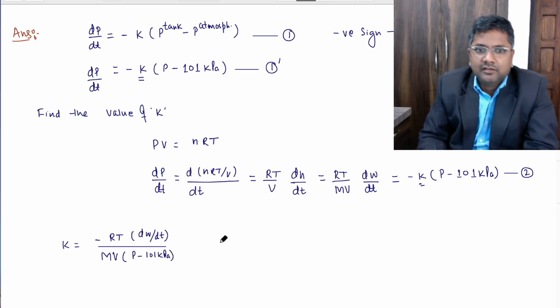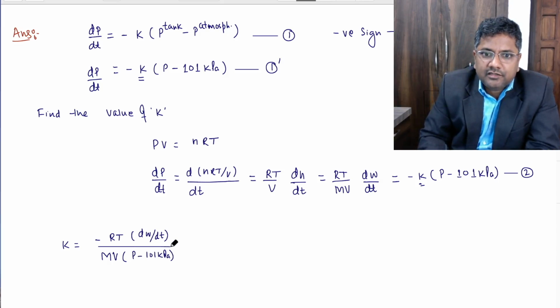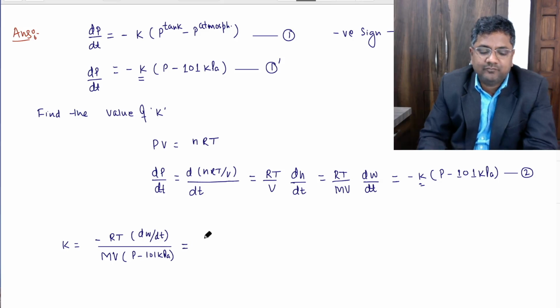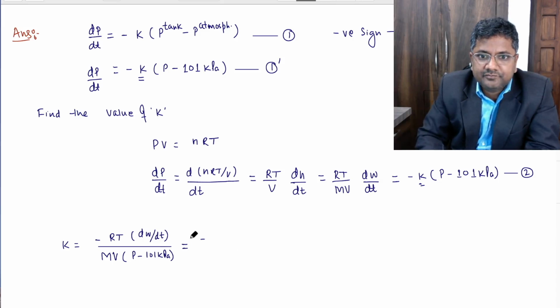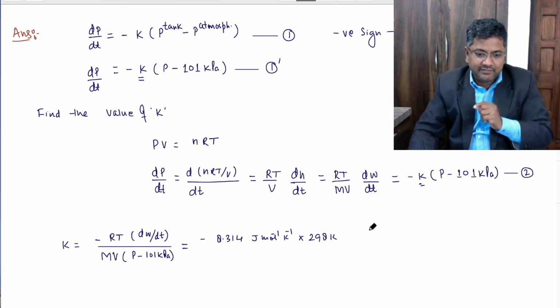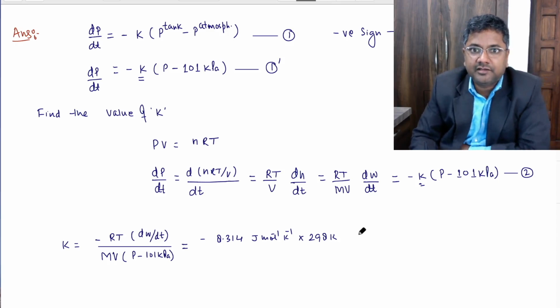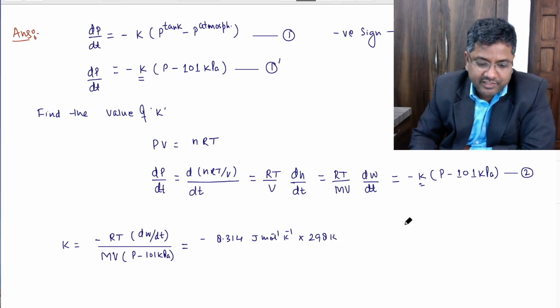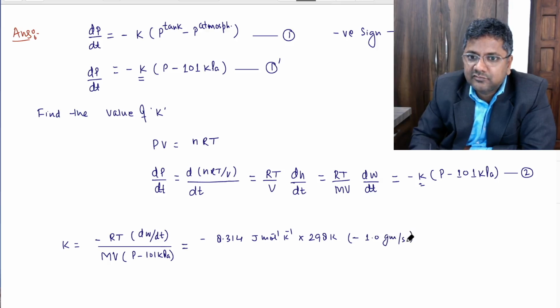Put the values here and calculate the value of K. So K is equal to minus 8.314 joules per mole per Kelvin for R, T is 298 Kelvin, and dW by dt is given as minus 1 gram per second.